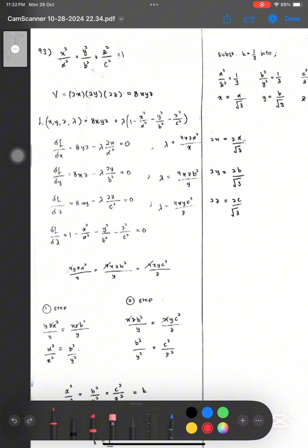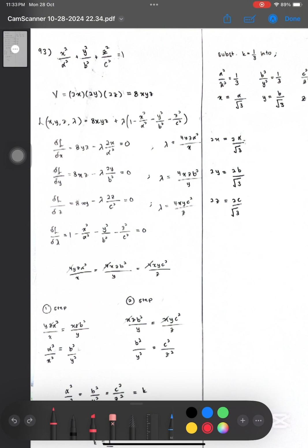We differentiate with respect to x, y, z, and lambda respectively, and express lambda from the equations and set them equal to each other, and we get 4yz a squared over x equal to 4xz b squared over y equal to 4xy c squared over z.